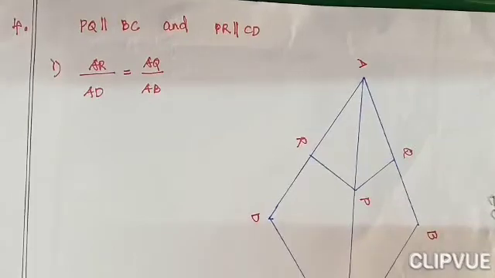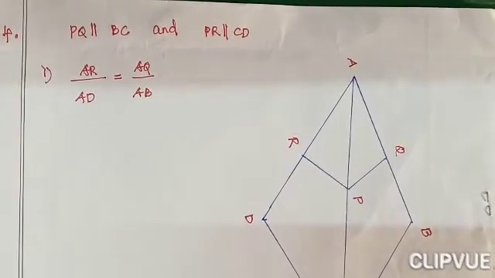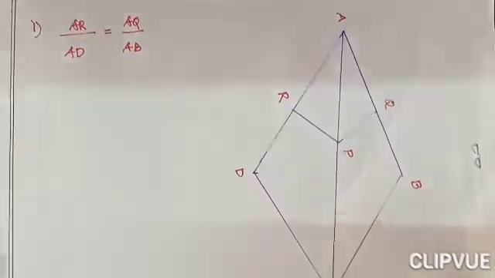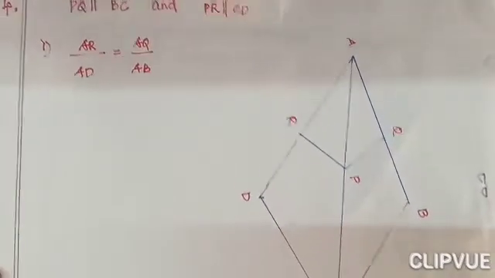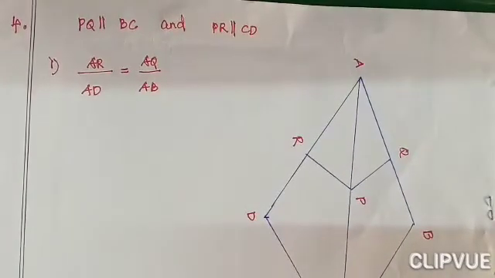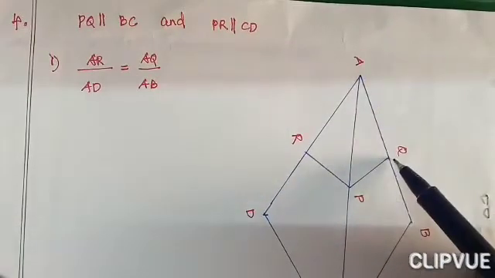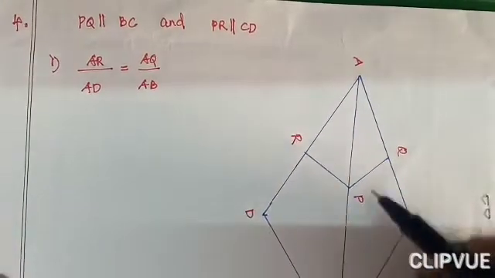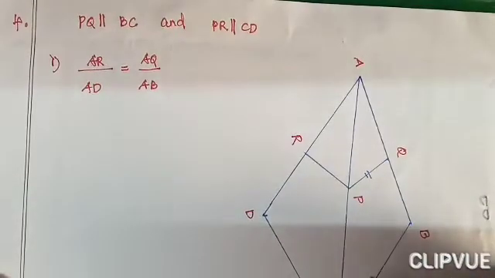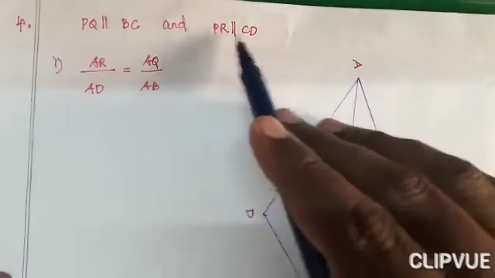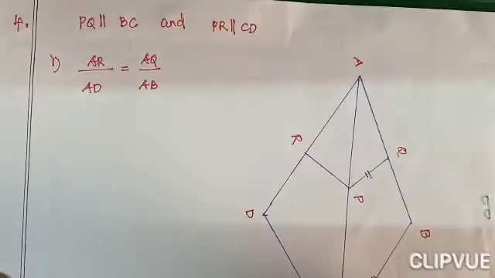Exercise number 4.2, question number 4. The question is, from the given diagram, PQ is parallel to BC, and PR is parallel to CD.